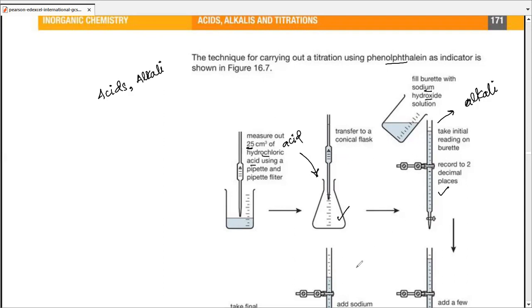Are we good? Yeah. Okay, good. So take the initial reading on a burette and record it to 2 decimal places. How are we going to do that? The readings are usually given in this way. For example, this is 1 and this is 2.